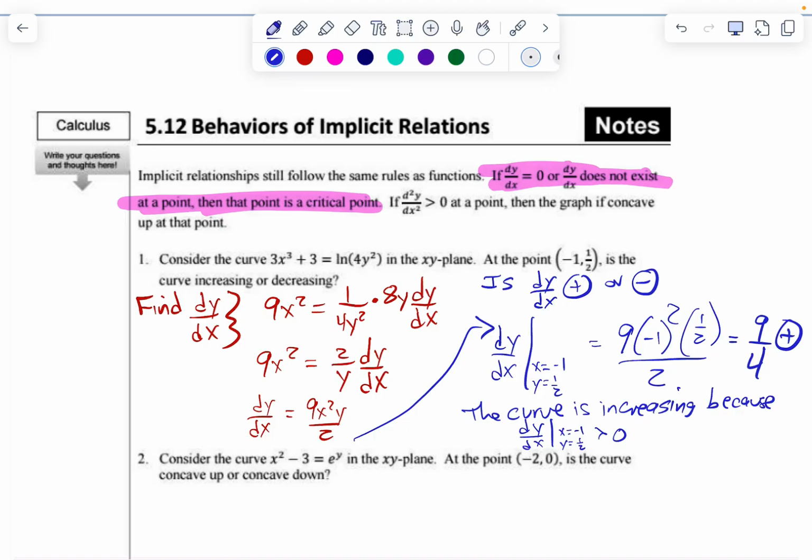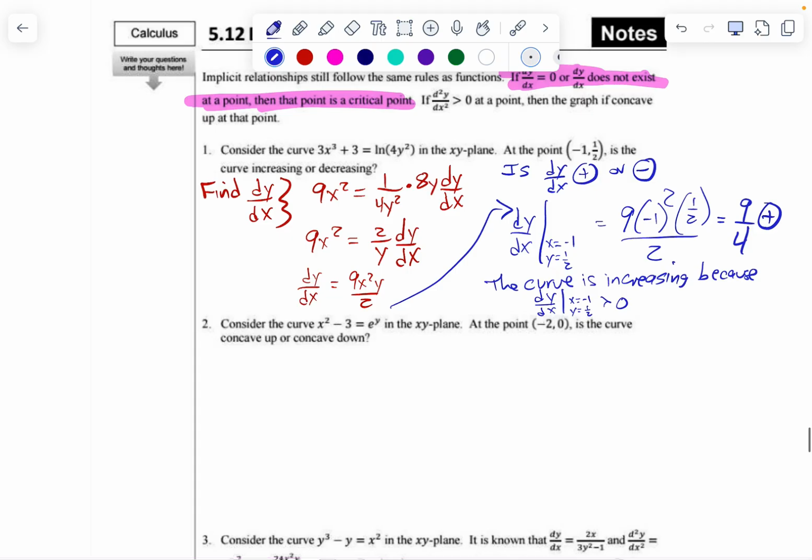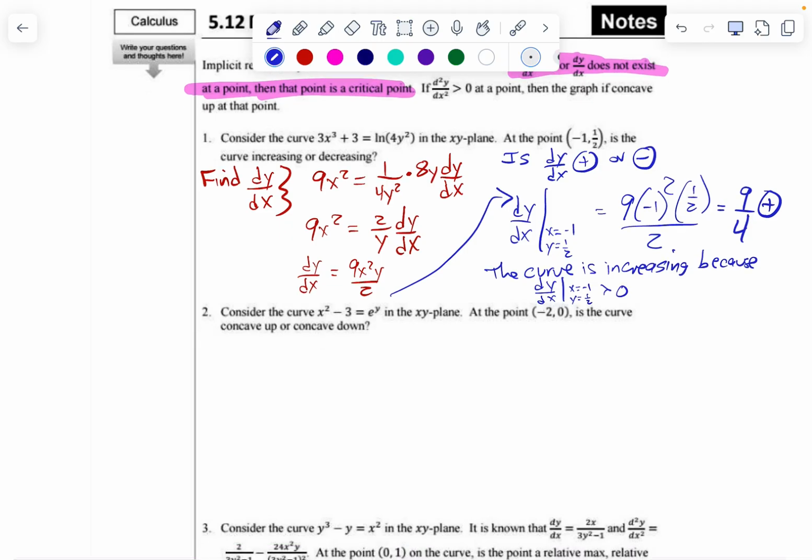Okay, so it's very similar to what we've done. Actually, we've done implicit differentiation. We've also found whether something is increasing or decreasing. Now we're just combining those two. Any questions on that one? Seem okay? Okay, how about concavity? True. So he said f double prime.